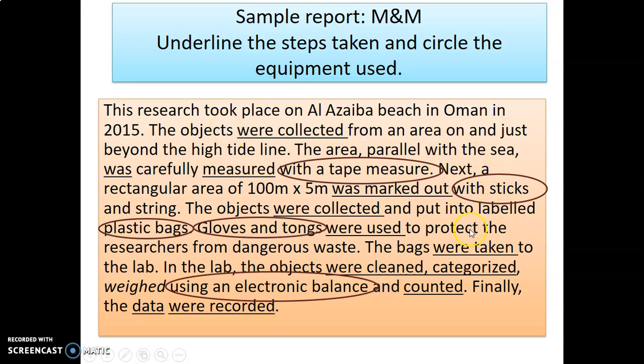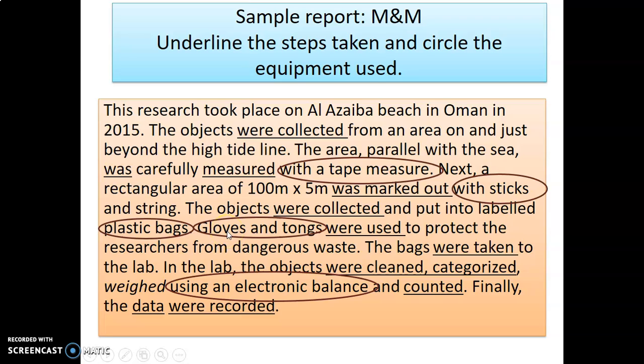Also, when you take a look at this paragraph, you can find some linking words. Can you find the linking words? They're not a lot. I would say you need to use some more of them, but you can see here, okay, next, yeah, and finally.